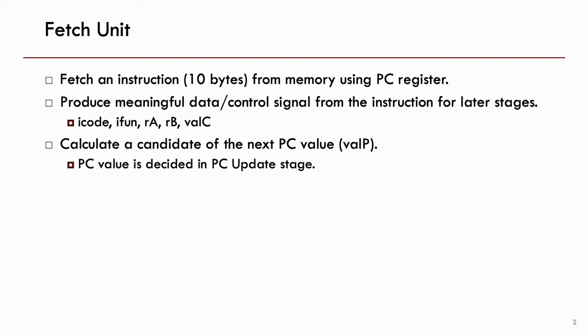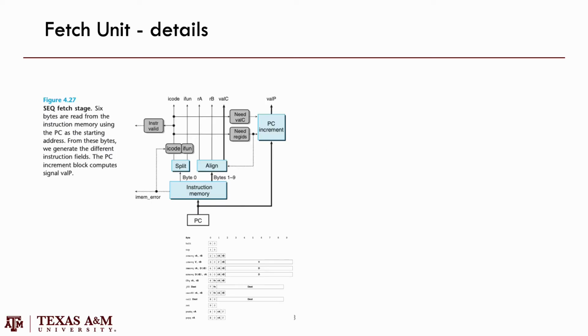And then we also calculate the candidate of the next PC value using valP. And then the PC value will be decided in the PC update stage. Okay, let's take a look at the details of the fetch unit.